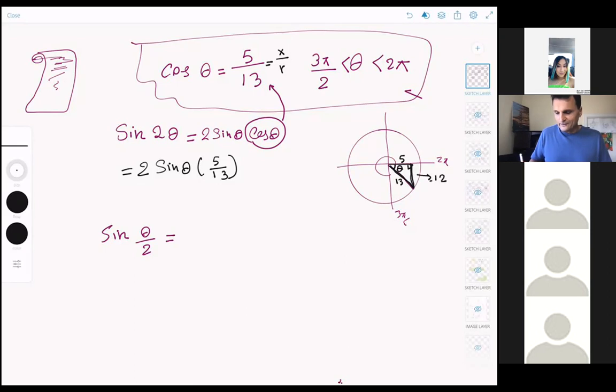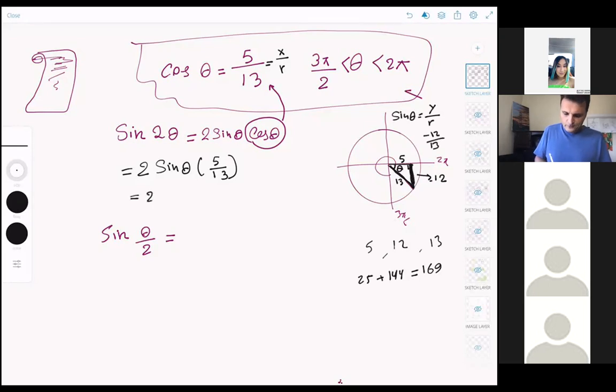Actually it's -12 because of the quadrant, right? How do I know it's 12? I didn't solve it. 5, 12, 13 is one of the Pythagorean triples. 25 plus 144 gives you 169. So this is 12, but in this quadrant, this length is negative. Sine of theta is y over r, which is -12/13.